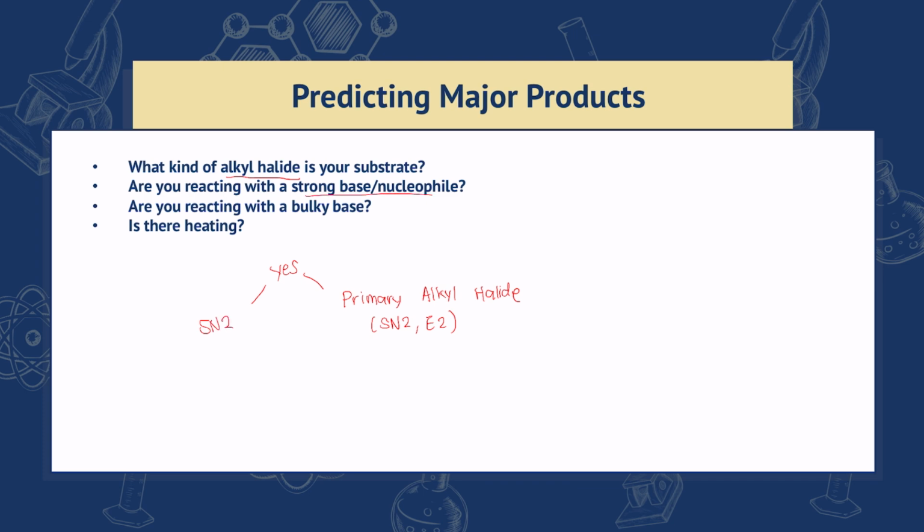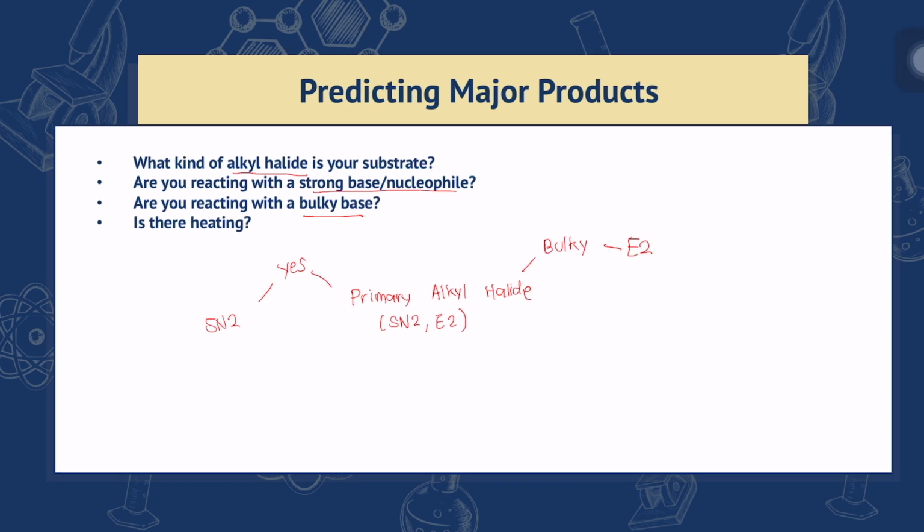If it's a bulky base, you'd want to have an elimination reaction. The second part of this is, is there heating? Because normally if there's heating, usually an elimination reaction occurs. So just take that into consideration. But again, if it's primary alkyl halide, your only 2 options are SN2 and E2 reactions. If it's bulky, go straight with elimination. If it's not bulky, it's most likely SN2.